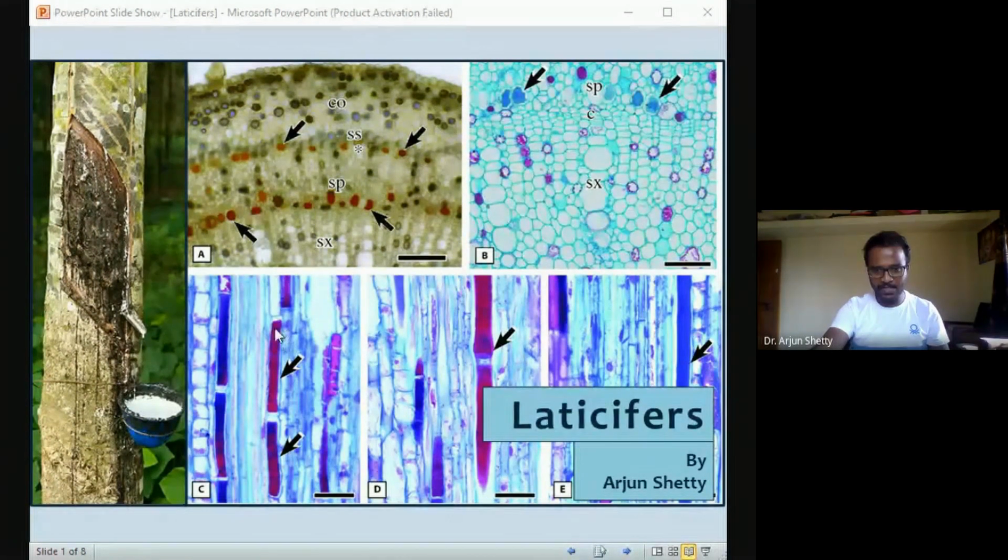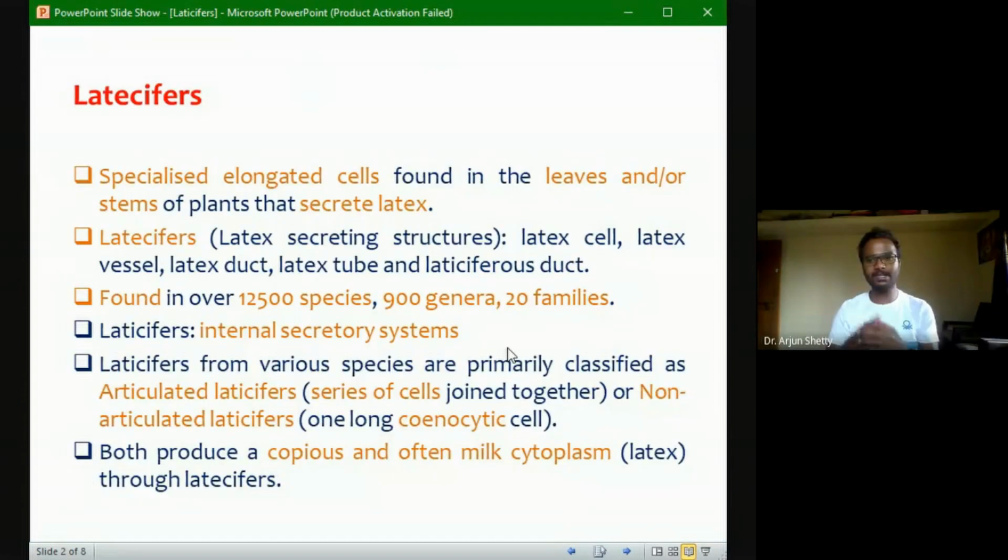So here, can you all see after taking the longitudinal section, these laticifers are specialized elongated cells, which are usually available in the leaves as well as stems, and they are usually considered as latex secreting cells.